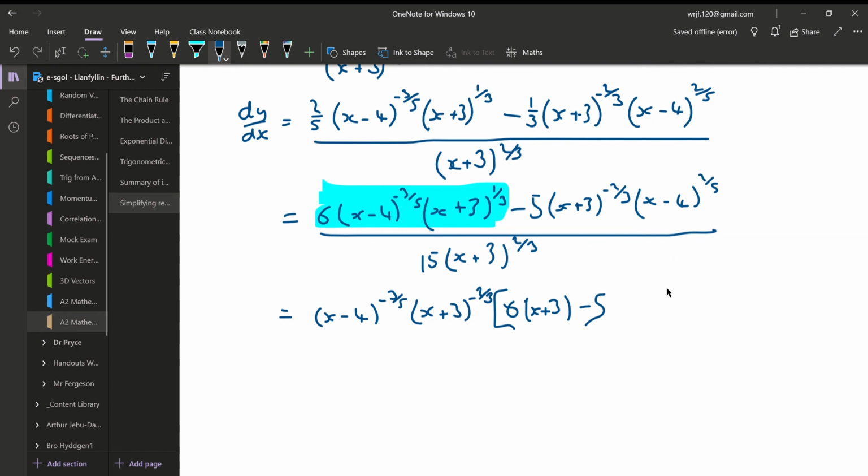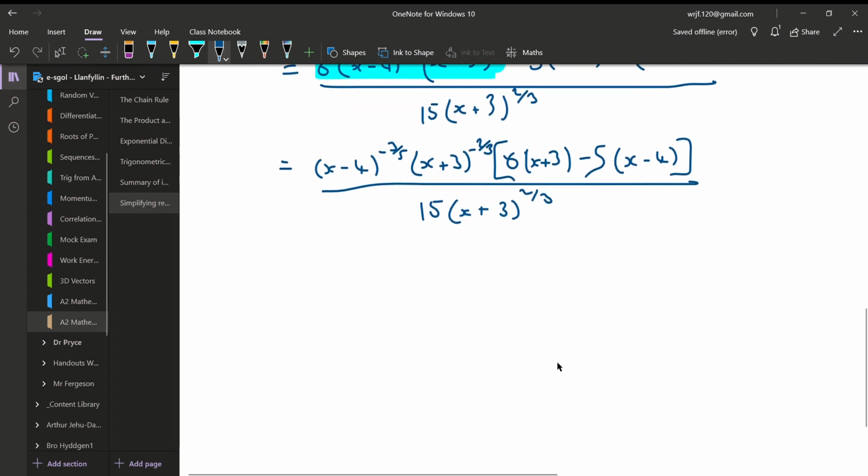Well, I need to add 1. So I'm going to get that bracket appearing with a power of 1 on it inside here. So x minus 4, just not bothering to write the power of 1 on it. There we go. And then not forgetting that this is part of a fraction with a denominator of 15 x plus 3 to the power of 2/3. So that seems to be okay so far.